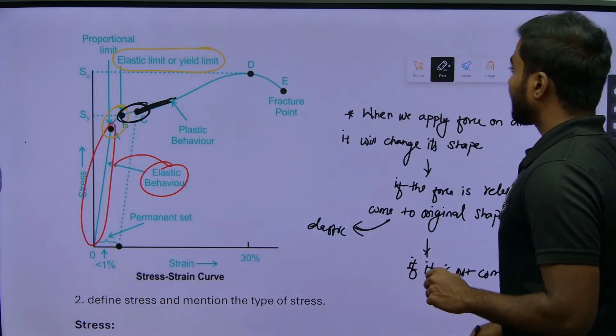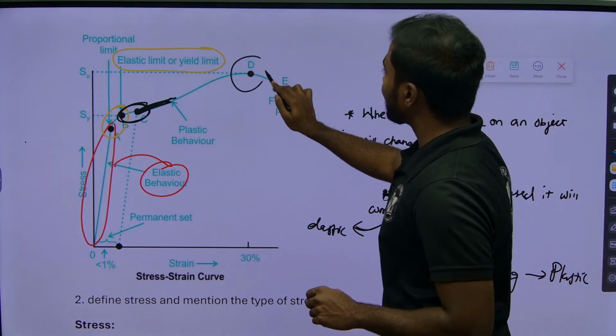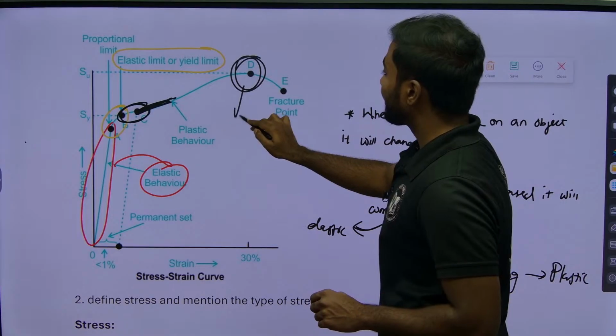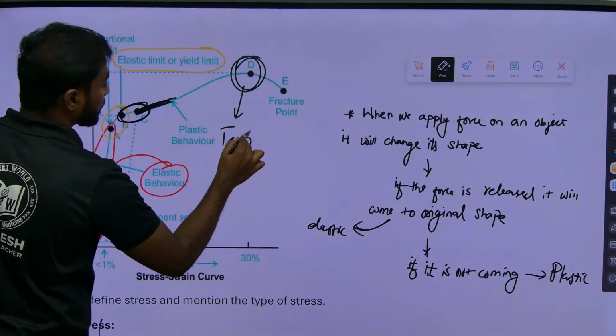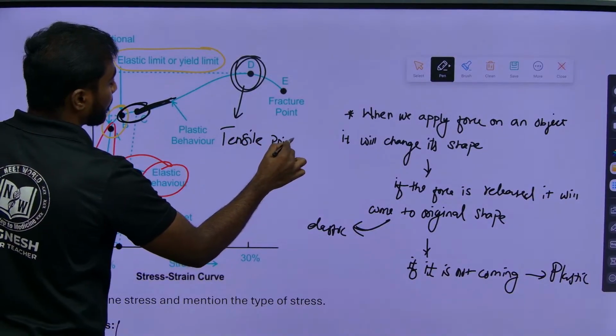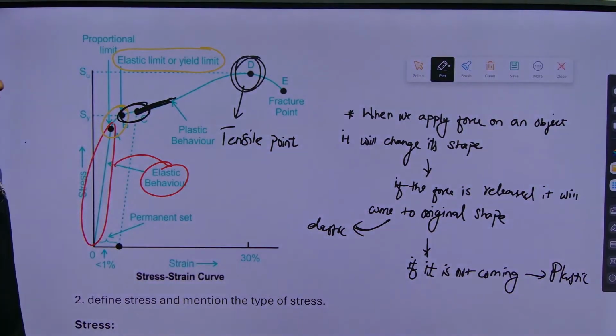And point D is nothing but the tensile point, or ultimate yield point.